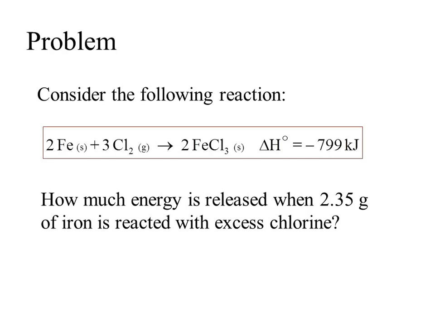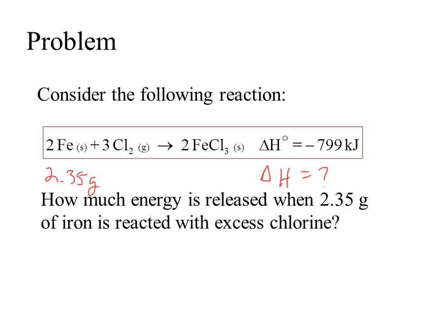What I would suggest, if you're into doodling, is to put delta H equals question mark. How much energy is released when 2.35 grams of iron is reacted. Again, I just like writing under there because it hits me over the head with regard to what we know and what we're after.